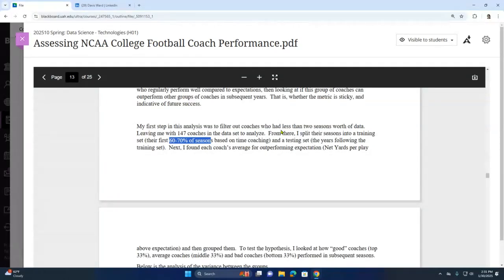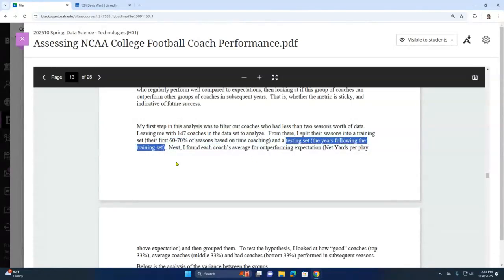And then he said, I've got my 3 groups of coaches historically: which coaches were performing better than expected, which were performing pretty much at expectation, and which were performing below expectations. And then he said, well, I wonder how well that holds up.